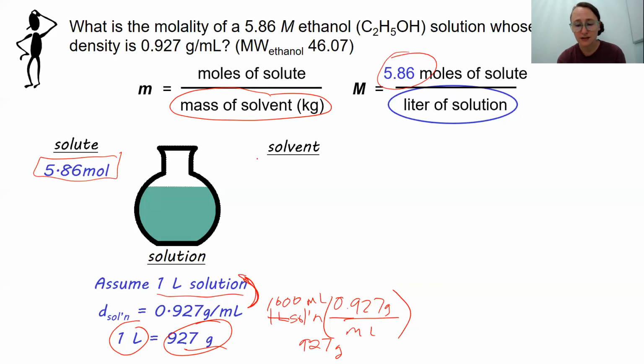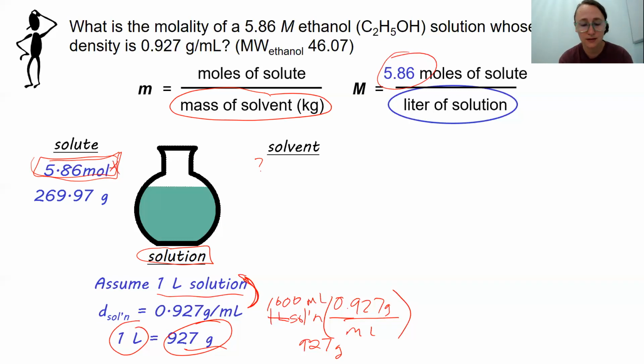So the mass of the solvent can be found by taking the mass of the solution and subtracting out the mass of the solute. But I need to know the mass of the solute. I don't know the mass of the solute, but I do know how many moles I have. So if I multiply by the molar mass, I find that I have 269.97 grams of the solute.